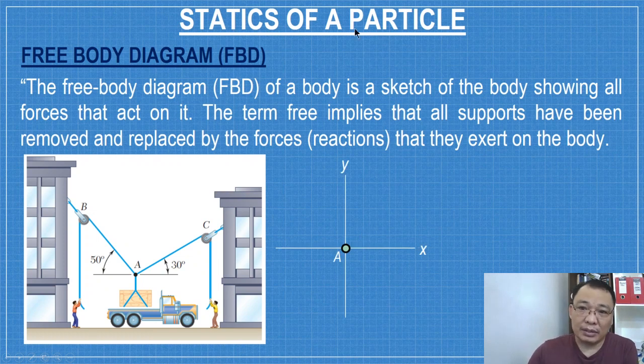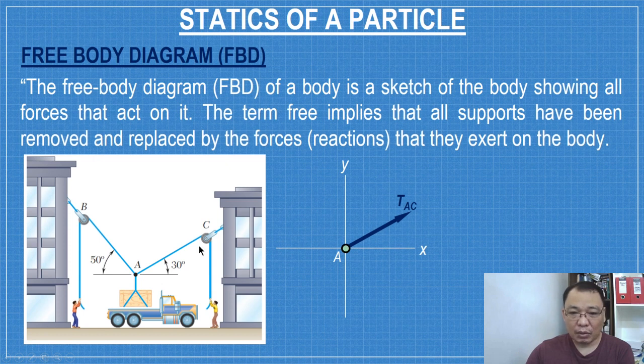Since we are on the topic of particles, our focus should be on the point of concurrency where all forces meet. In this case, it's point A. So at point A, you identify all the forces acting at point A. So we cut here, and then we replace it with the force.